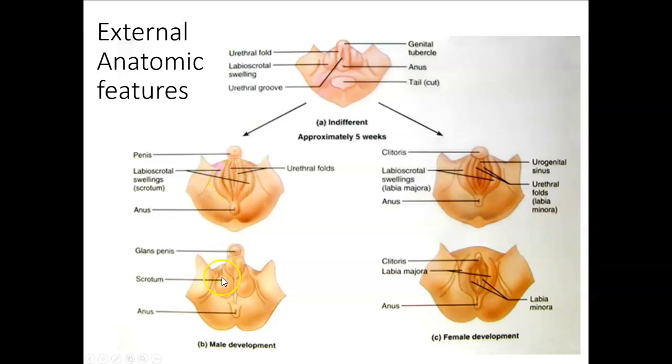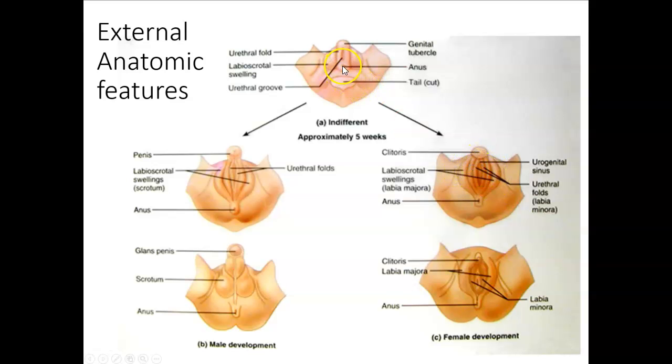And then the testes, as they descend from the abdomen over the ureters of the bladder, going from the kidneys to the bladder, will eventually come down into the scrotum down here. On the other side, this genital tubercle will become the clitoris in females, and then these folds will continue to stay folds, and they will become what we call the labia majora and labia minora in females.